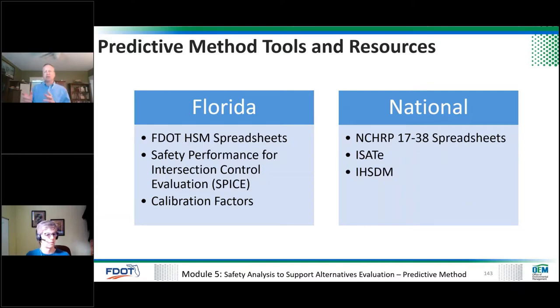So we've got a variety of Florida-specific tools to think about. And then on the national side, ISATe and IHSDM. ISATe is for freeways, ramps, and ramp terminals. IHSDM is for all types of roadways for which we currently have safety performance functions. Beth mentioned one-way roads, and 6-lane arterials have been added to the repertoire of safety performance functions, and they are only in IHSDM.